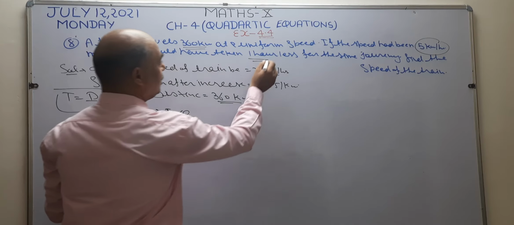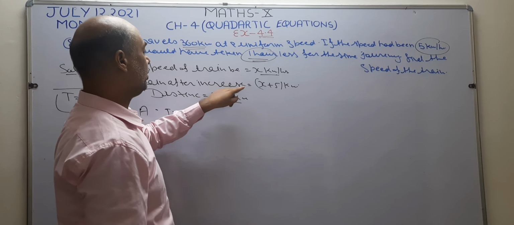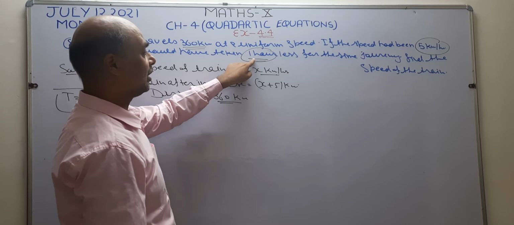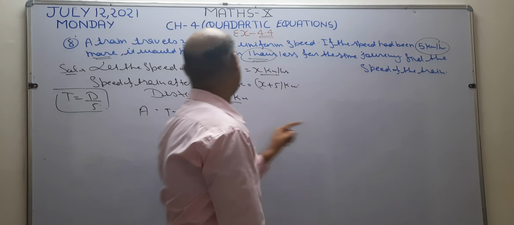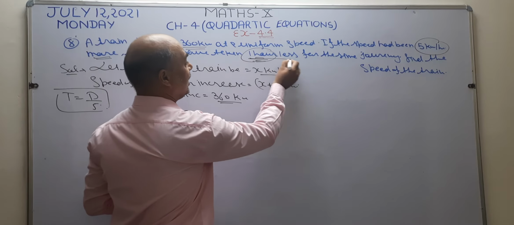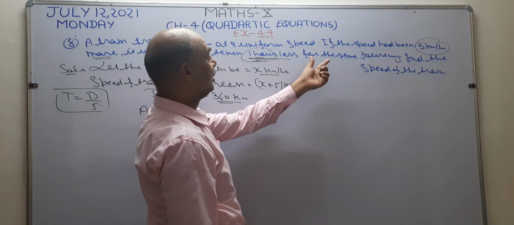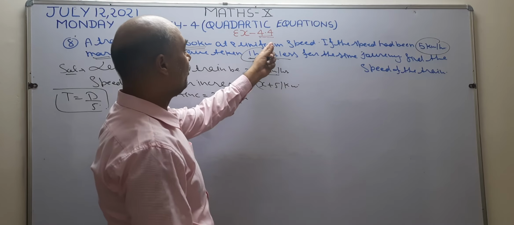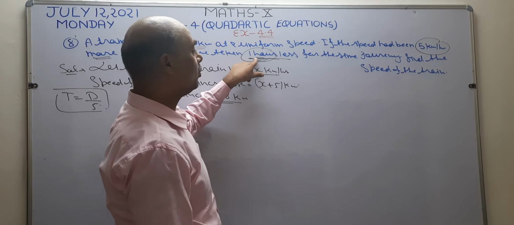Now the difference between previous time and the increased speed time is 1 hour. See, if the speed had been 5 km more, it would have taken 1 hour less than the usual time. It means the difference between previous speed time and new speed time is 1 hour.